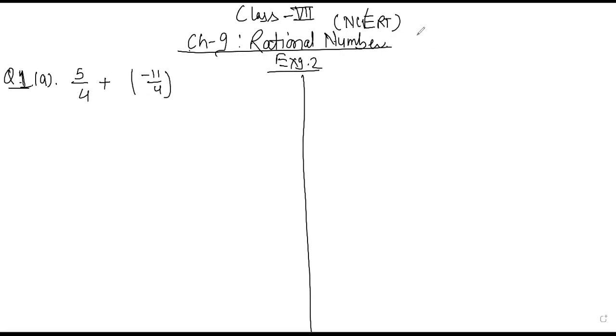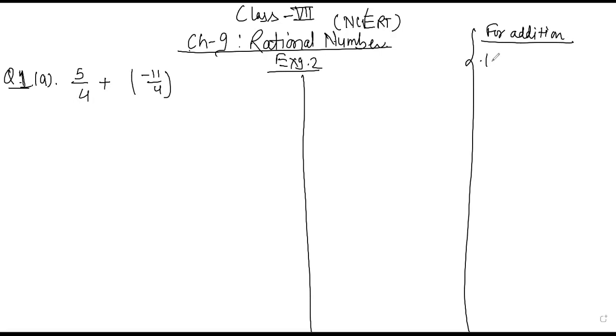Okay. Before trying to explain this, let me tell you some sign convention rules for addition. Please keep this in mind. If two numbers having plus sign are added, these two plus signs represent the numbers' sign, and this one represents the operation which is going on.